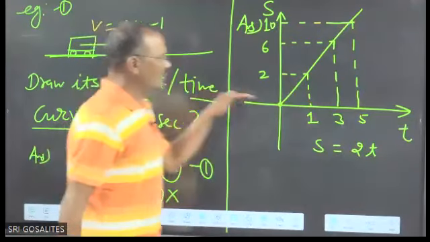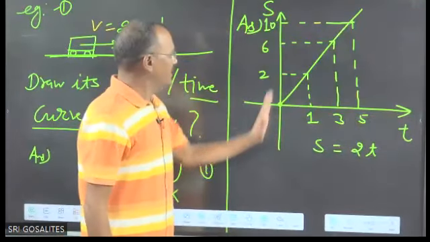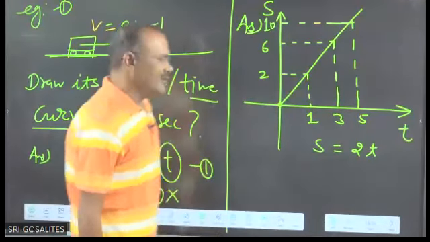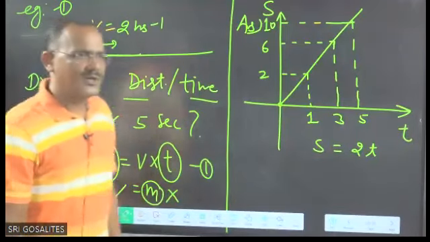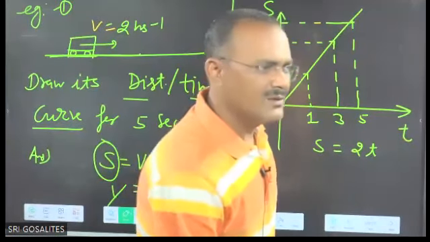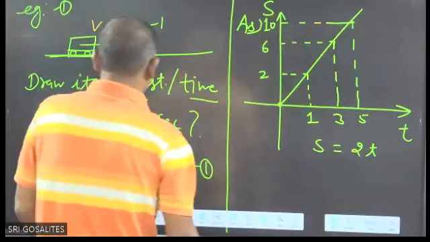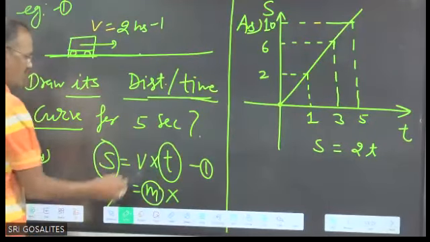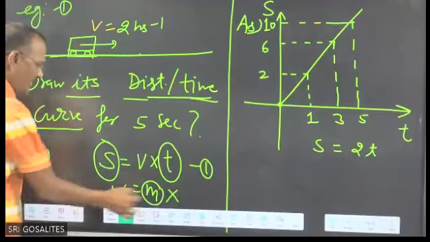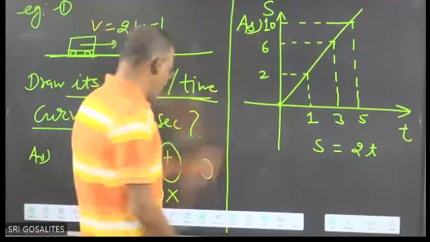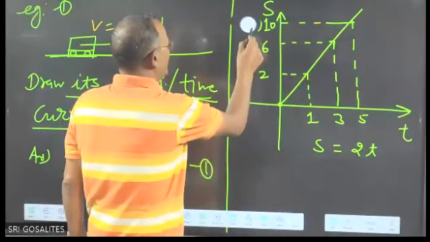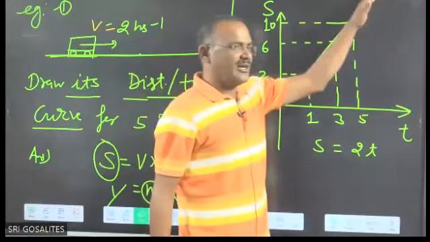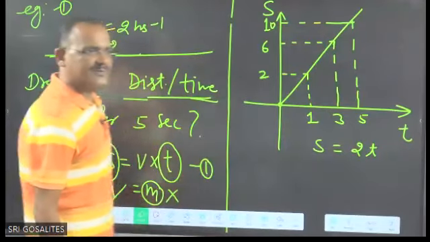Understand? So as soon as the time is passing, the distance is also increasing. Which unit you want? I'm not asking you the unit. Draw its distance time graph. So distance is vt. Okay, it's a straight line because distance we are plotting on the y-axis and time on the x-axis. So this graph is a straight line. Okay.